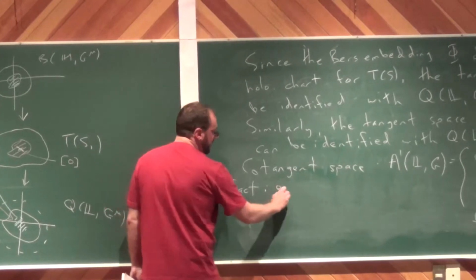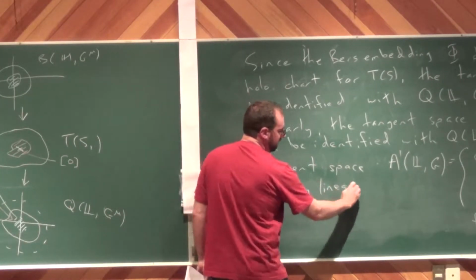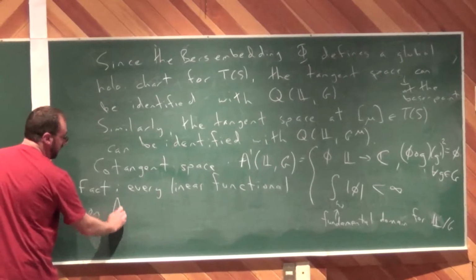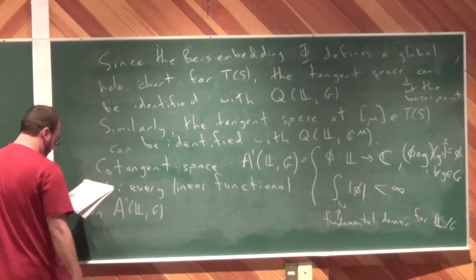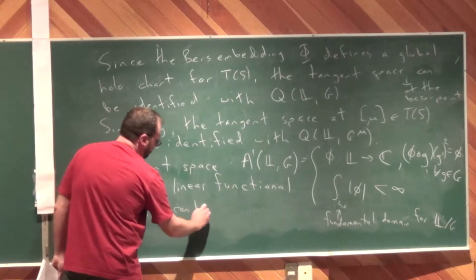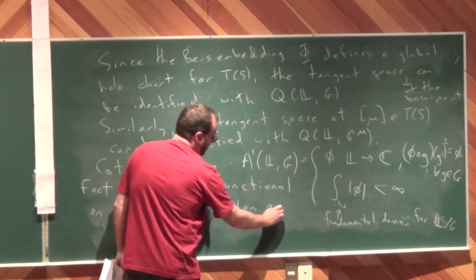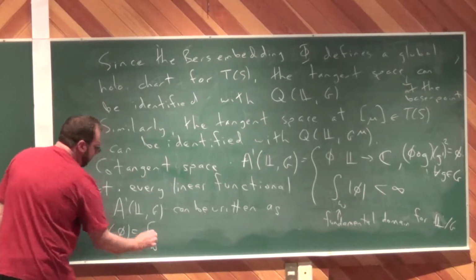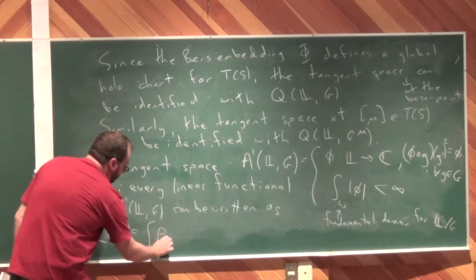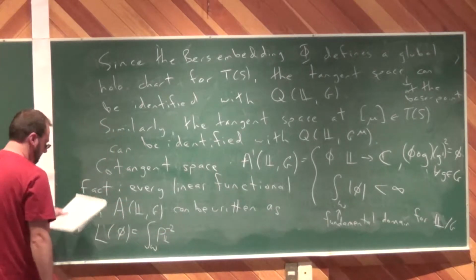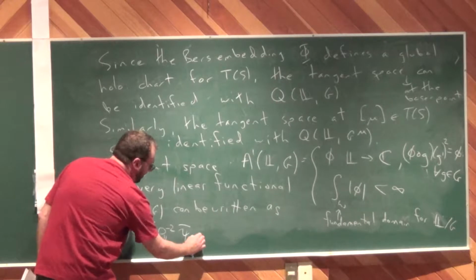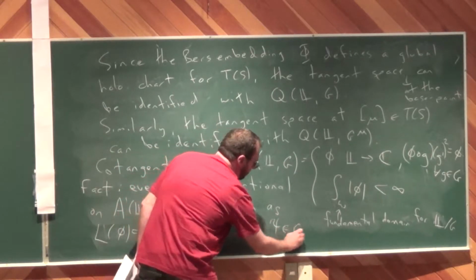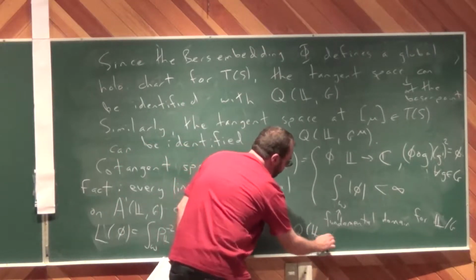And fun fact, every linear functional on A1 of L,G can be written as L of phi is the integral over our fundamental region omega, the hyperbolic density to the power minus 2, psi bar phi, for some psi in Q of L,G.